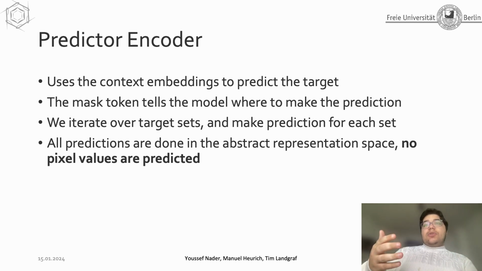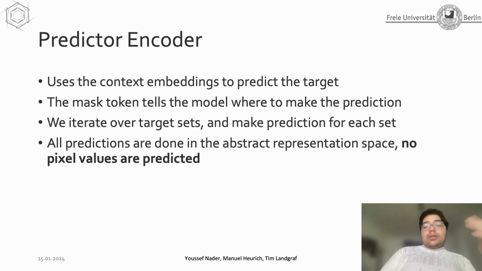So this gives us a freedom to sample different targets from the same image and try to predict, okay, if it has a tail, would it have ears? If it has a tail, would it have claws, or would it have wheels? And based on the information from the context, you're trying to predict different regions, and each region is sort of like a training iteration.